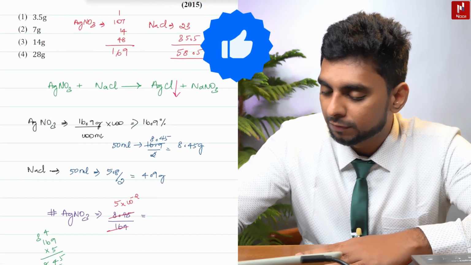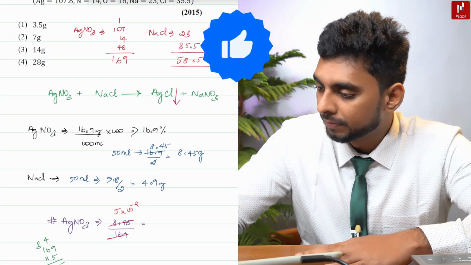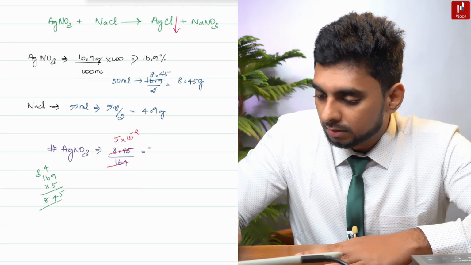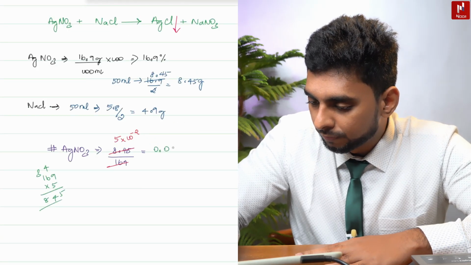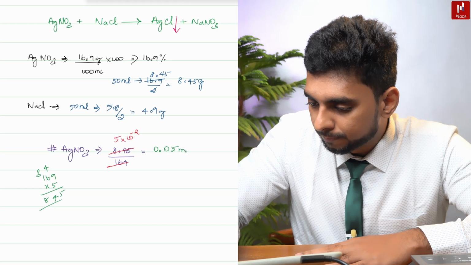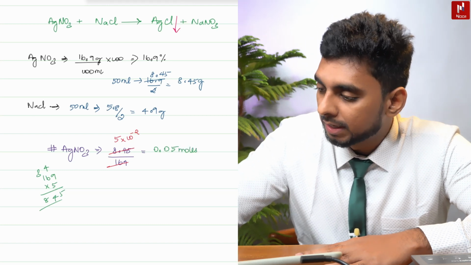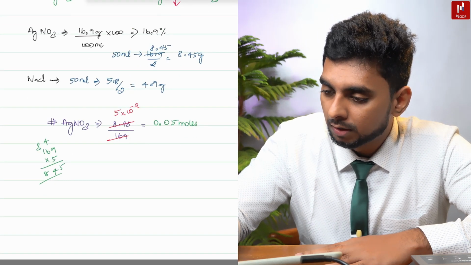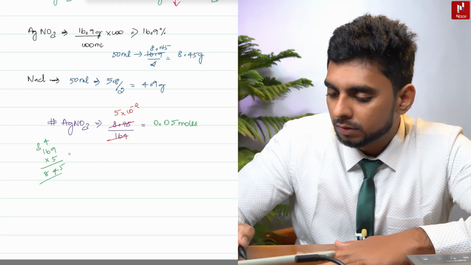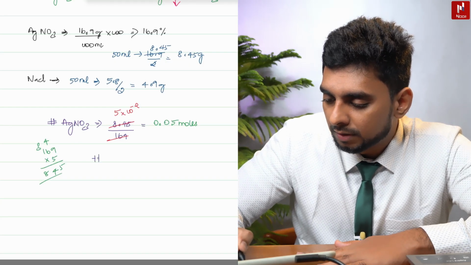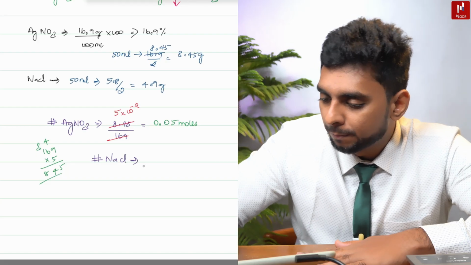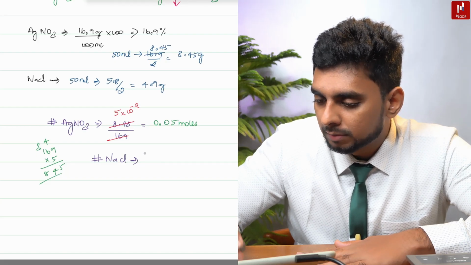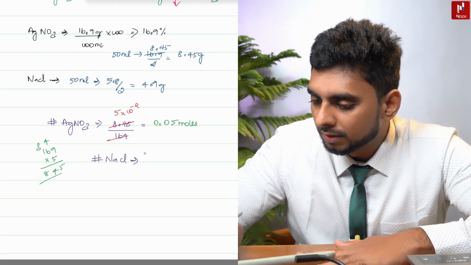Then let me verify it for NaCl. So that should be 0.05 moles for the case of AgNO3. Next, let me do it for NaCl. The number of moles of NaCl: the grams present, which is 5.8 divided by 2, isn't it?